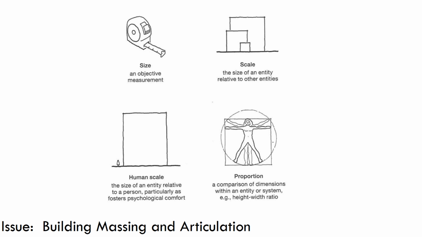That's the size of the entity relative to a person, particularly as it makes people feel psychologically comfortable in being next to an object. And fourth, we have this idea of proportion, and that's comparing the dimensions of an entity in some kind of a system. For example, height to width. And we already took a look at that in terms of how buildings enclose outdoor space.